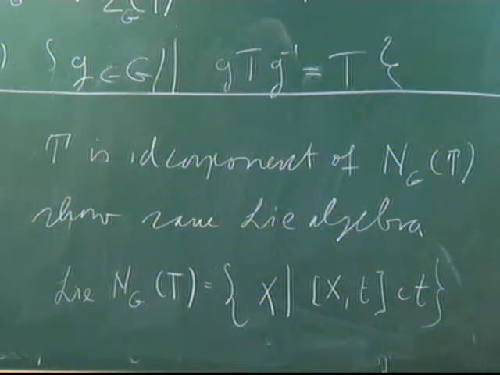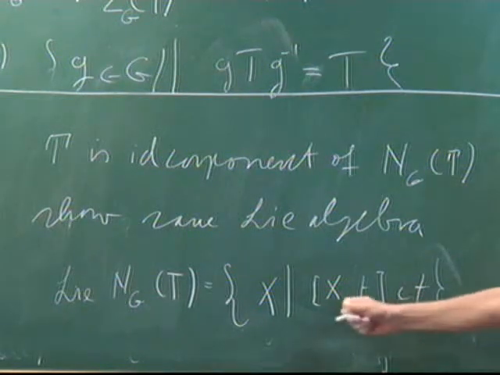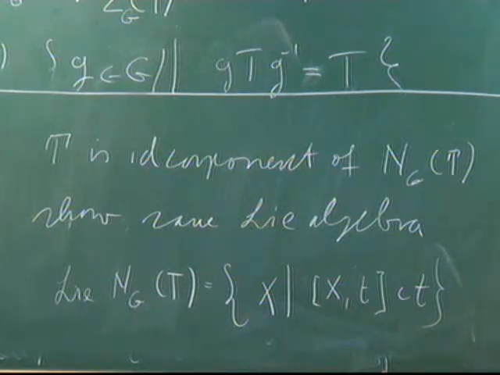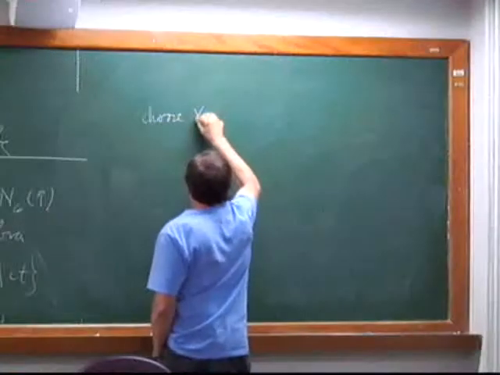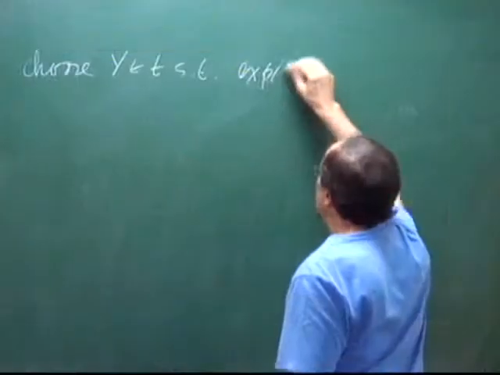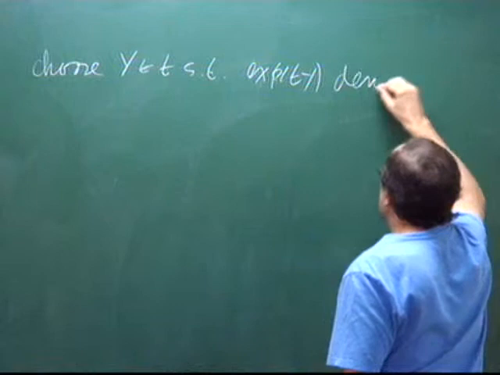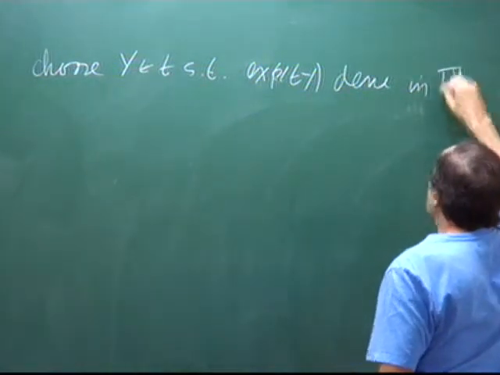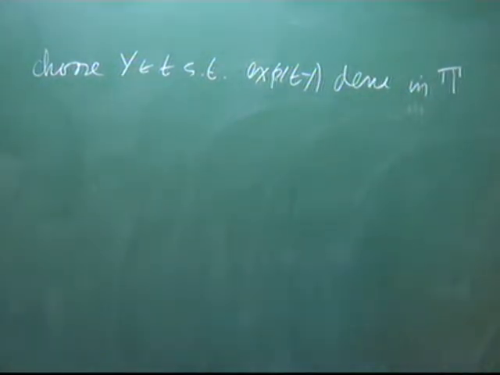Okay, so I have to show that this Lie algebra is equal to t. So I have to show that if this is true, then x lies in t. So now I do the trick that we already did last time. Choose a y in t such that the exponentials of ty are dense in the maximal torus. You can always do that. It was a trick on Monday.